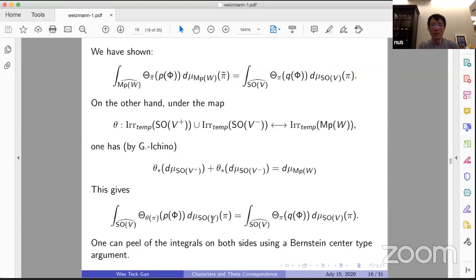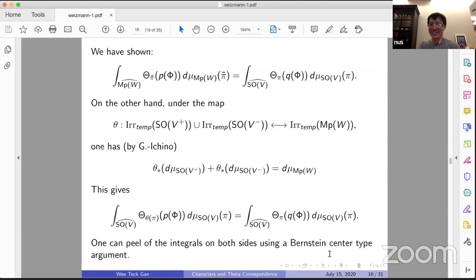Now this already looks pretty good. This is kind of what we want to show, except that there are these two integral signs in front. If I could just suppress them, then it will be the character identity that I want to show. And there is a fairly standard way to do that, which is to use a so-called Bernstein center argument. That's all I'll say because it's supposed to be a sketch.